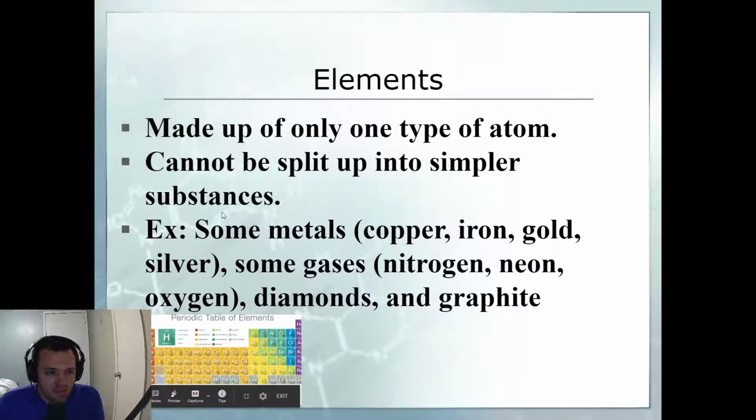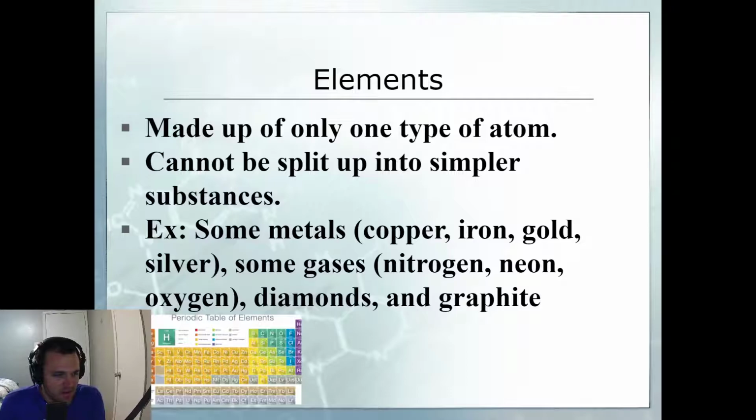are some metals are elements. So copper, iron, gold, silver, aluminum, a bunch of other ones. Those are all elements. They're that type of atom and nothing else. Some gases are elements.